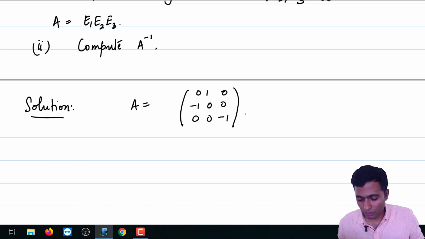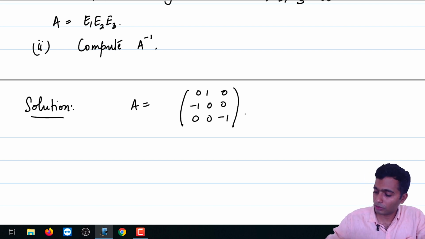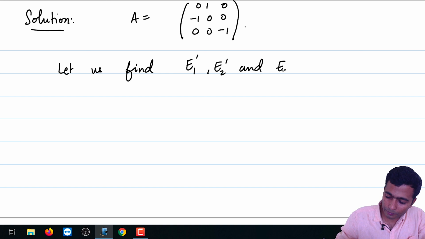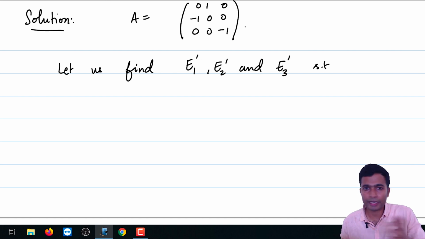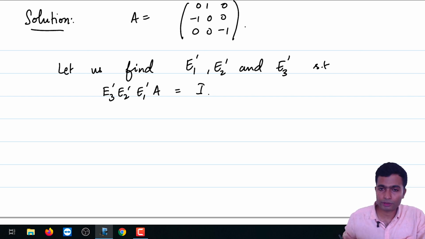So let's see what elementary matrix operations we will apply to A in order to get A as a product of elementary matrices. The strategy is the following. Let us find E1 prime, E2 prime and E3 prime such that after row reduction of A we get the identity, that is, E3 prime, E2 prime, E1 prime times A is the identity matrix.